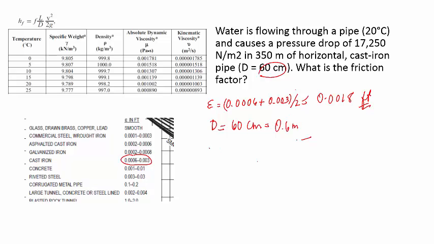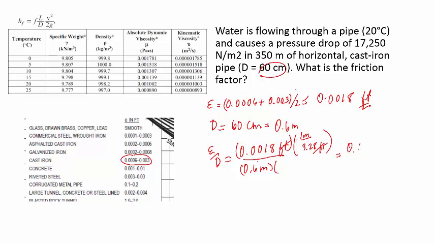So whenever I look at the e over D, or the relative roughness, then I have 0.0018 feet divided by the diameter, but I need to convert either feet to meters or meters to feet, and 1 meter is 3.28 feet.